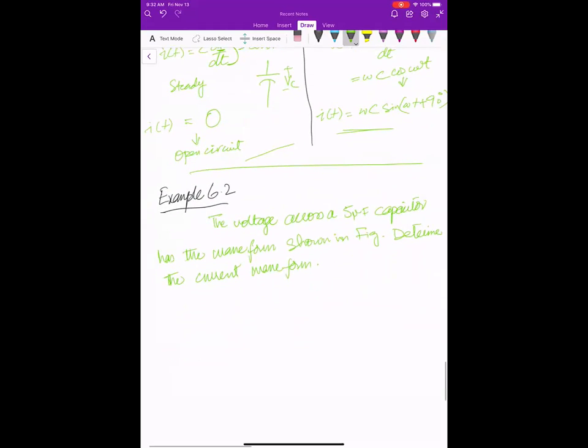Determine the current waveform. So this is the voltage waveform, and we need to find the current waveform.